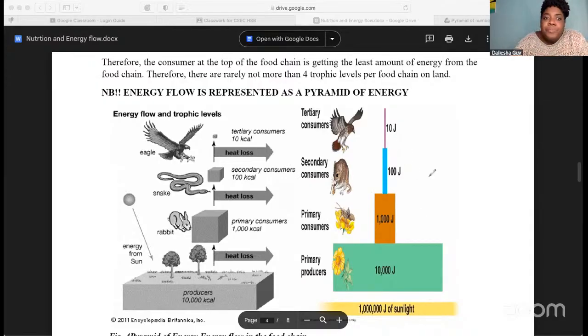Please note on the side as well that the unit for energy that we use in these cases is the joule. The joule is the scientific unit for energy. We also use calories. So you may see joule or kilojoule.